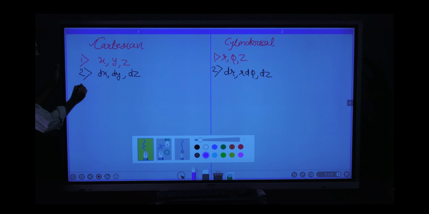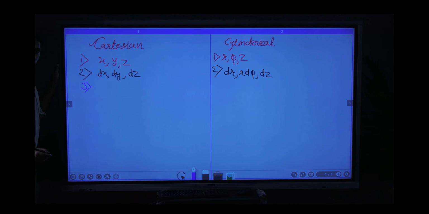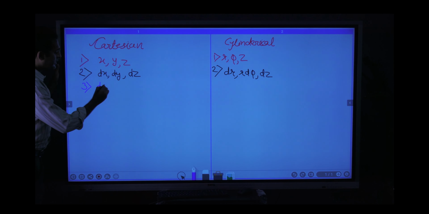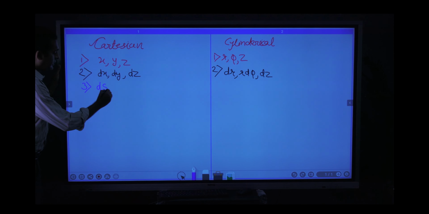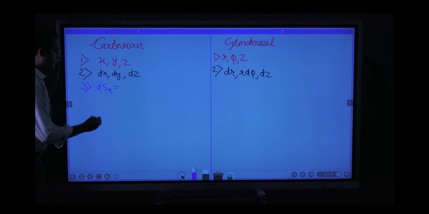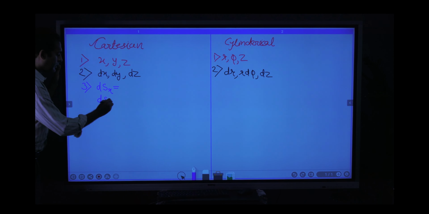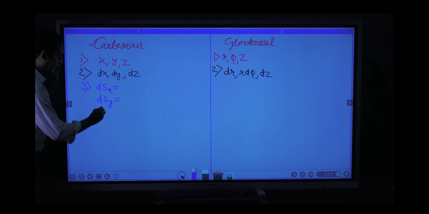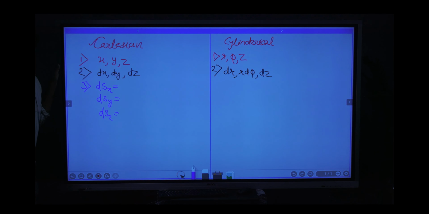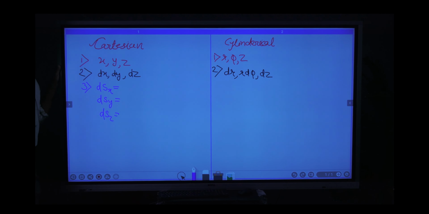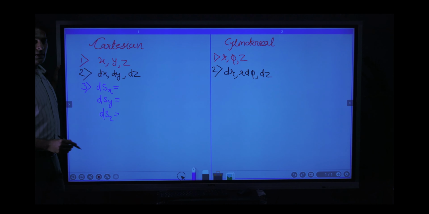Then the third parameter we have to compare is the differential surface. So three constant planes will be there, so three constant surfaces we can calculate. The first one is dsx, the second one is dsy, and the third one is dsz. For dsx, x is constant, but the other two elements are changing.